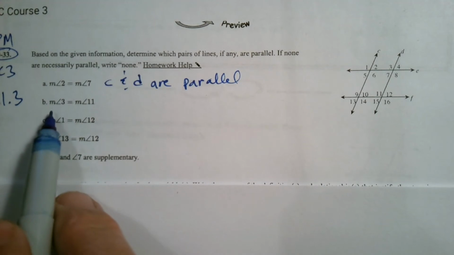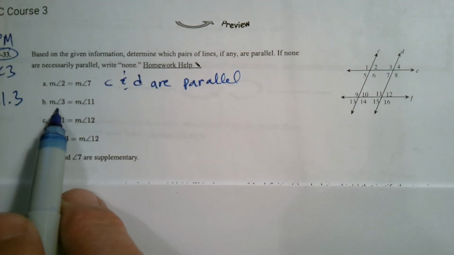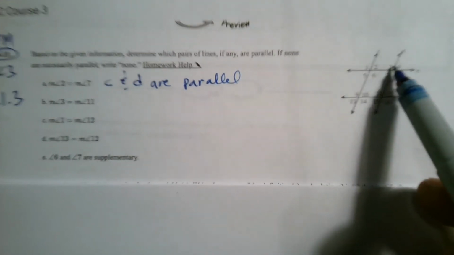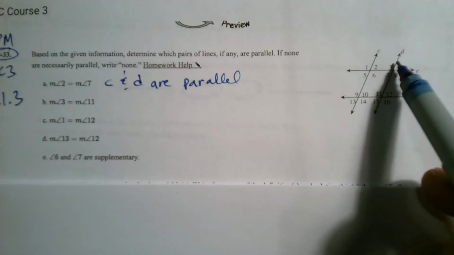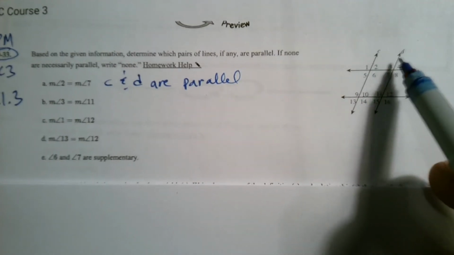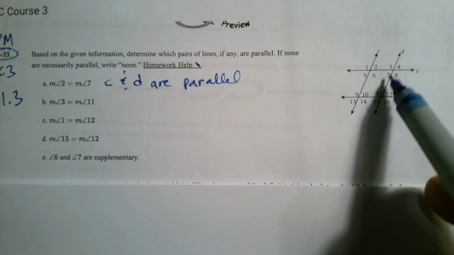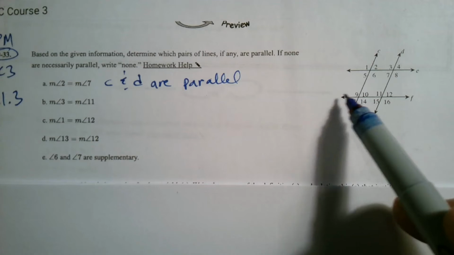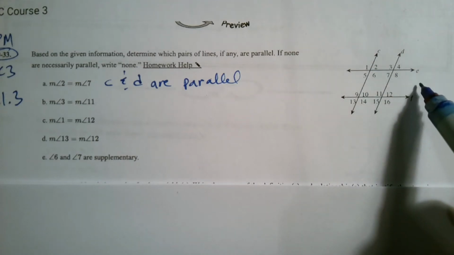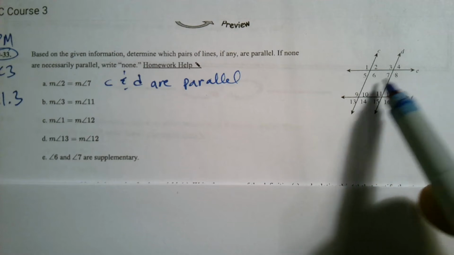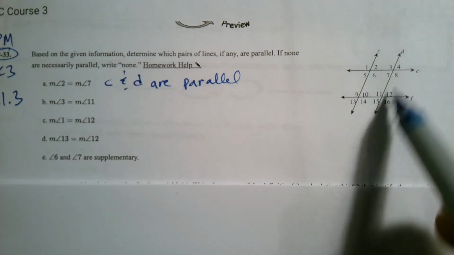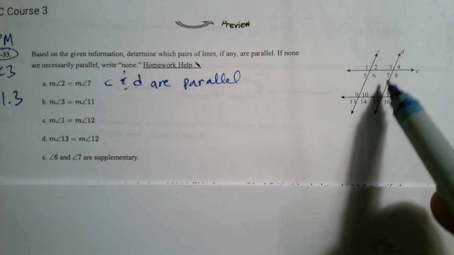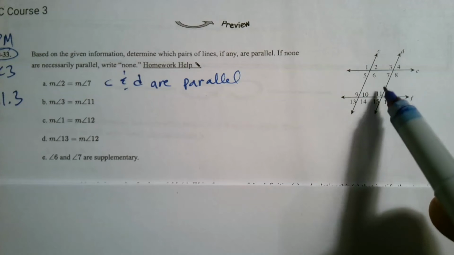Okay, what about angle 3 and angle 11? They say the measures of angle 3 and 11 are equal. So here's 3, here's 11. In this case, D is my transversal, and it's cutting F and E. So 3 and 11 are considered corresponding angles.